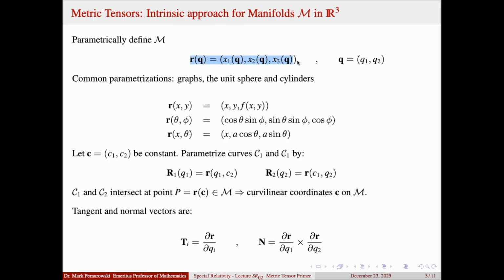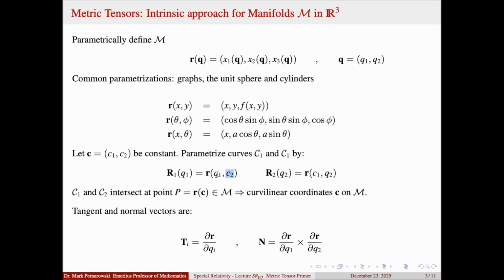When you have a surface that is parameterized in this way, you can describe curves that are on that surface in very simple ways. Suppose I have this parameterization r of q, and I'm going to pick a constant pair c1, c2. If I fix the q2 value to be this constant c2, then there's only one variable that's changing in this vector.